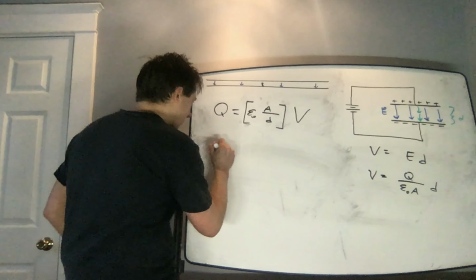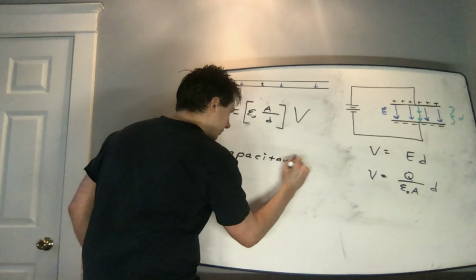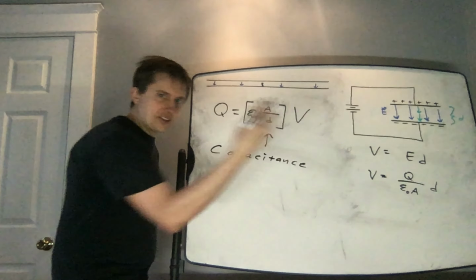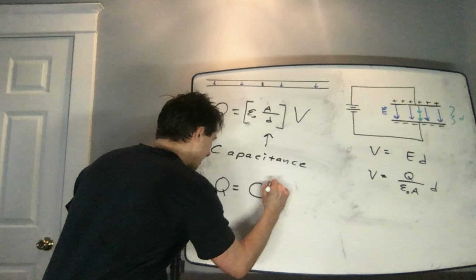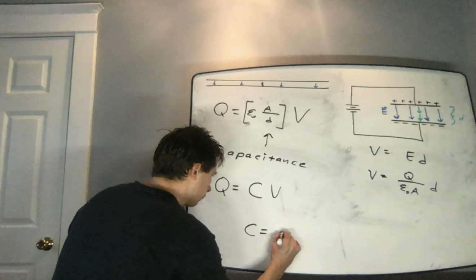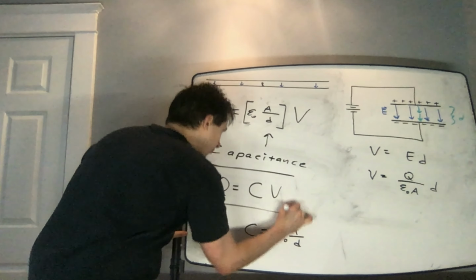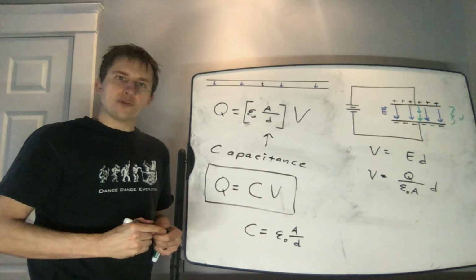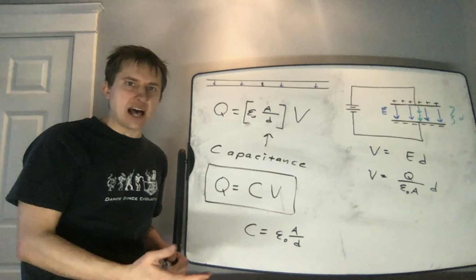I will call it the capacitance of the capacitor, and I will assign it the symbol C. So then I could write Q is equal to C times V, where C is equal to epsilon naught A over D. Now, Q equals C times V is going to be one of the most important equations from this chapter. We will encounter it a lot.